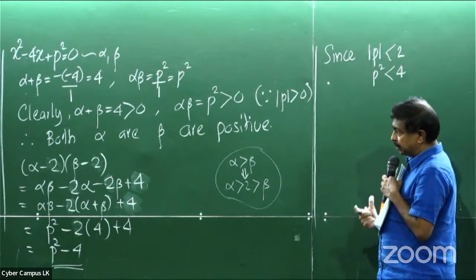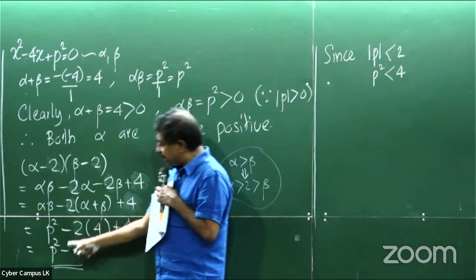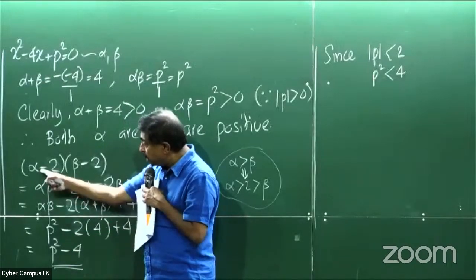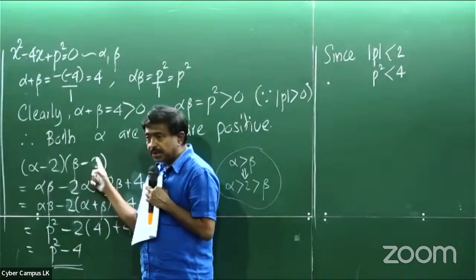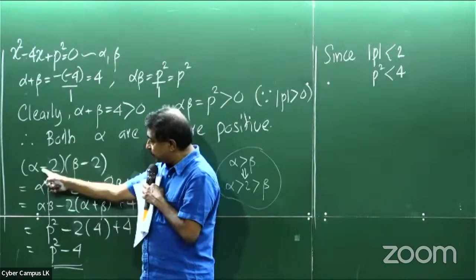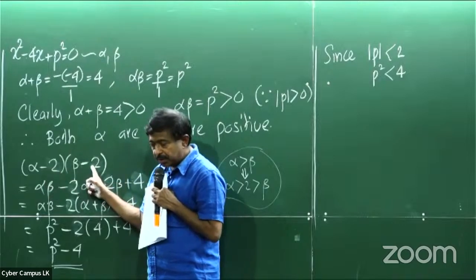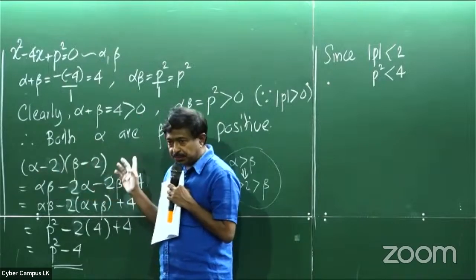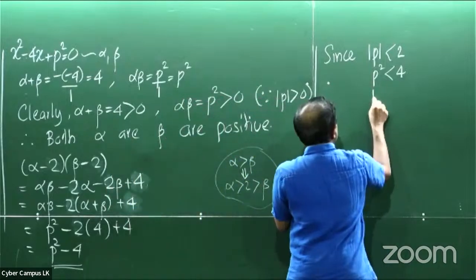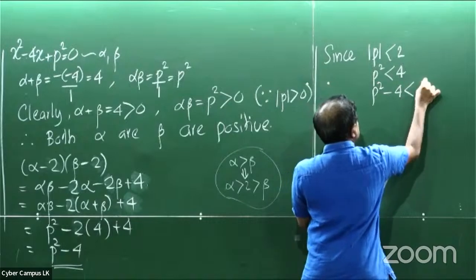Then there are two cases. If this is negative, that means, okay, what does that mean? If this is negative, you have opposite signs. I mean, both attain opposite signs. If this is positive, this is negative. If the first one is negative, this is positive. There are two cases. So you have p squared minus 4 less than 0.